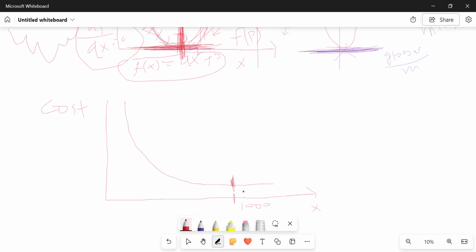After that, whatever iterations I do, the cost is almost the same. It is not making much difference. The cost is almost constant after 1,000 iterations, so I will assume that at this point it is giving me the minimum cost, the minimum error.